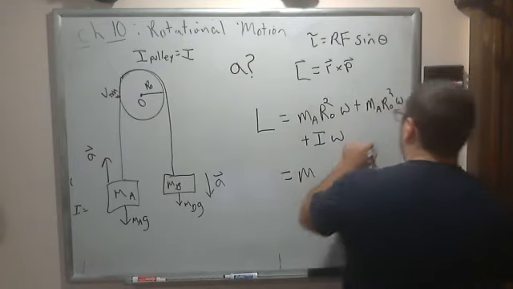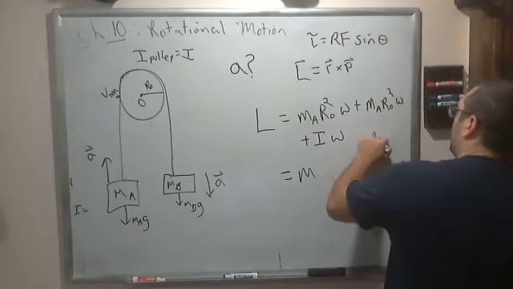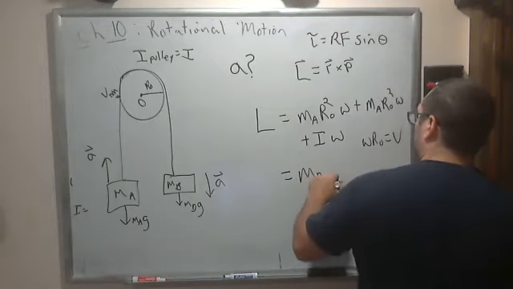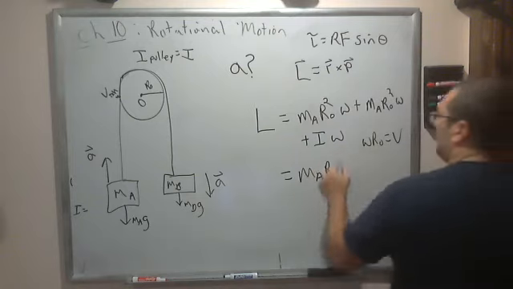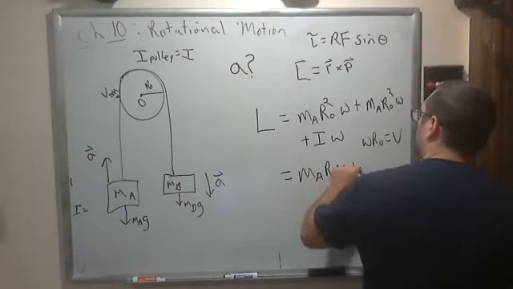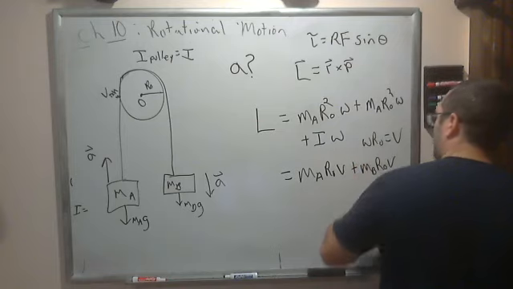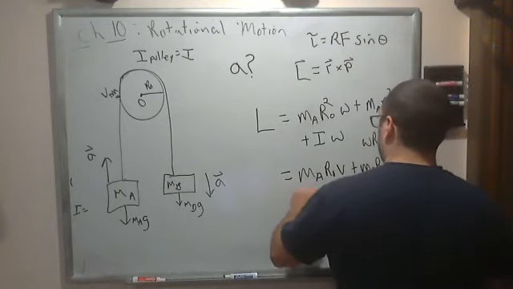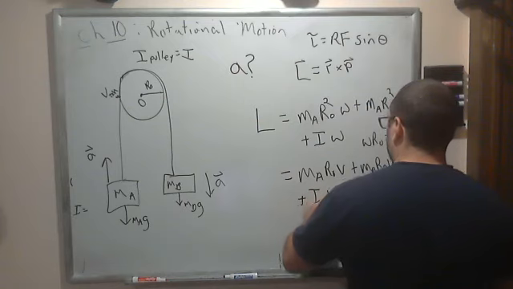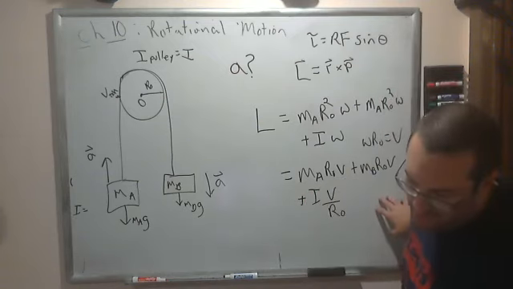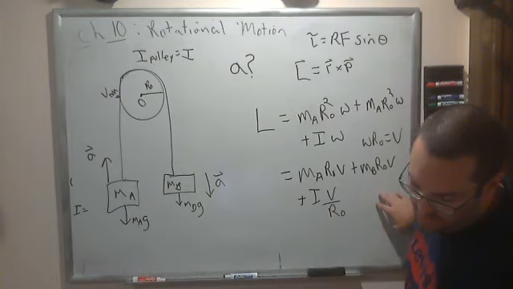Omega r naught is equal to v, which gets rid of all these r's. We get m_A v r naught plus m_B v r naught plus I times v over r naught. This is the total angular momentum of the system.